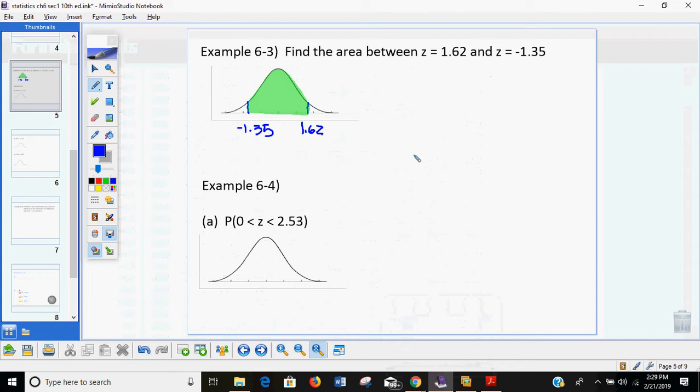So what we need to do is go back to our chart, our curve, and we need to write those down and subtract them. So 1.62 was 0.9474. And you always want the smaller one second, so the one on the left. Negative 1.35 is 0.0885.